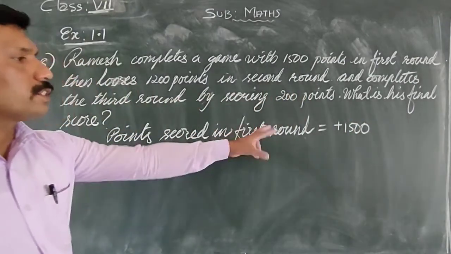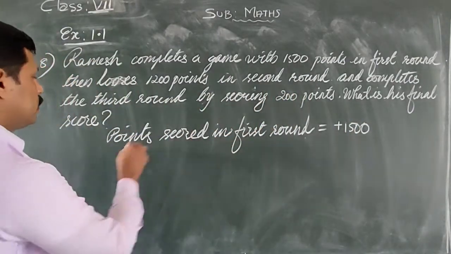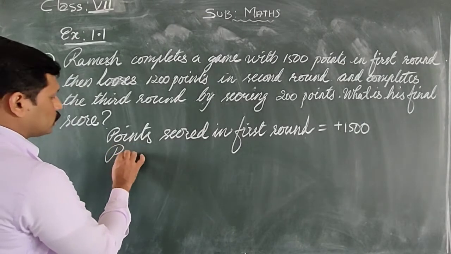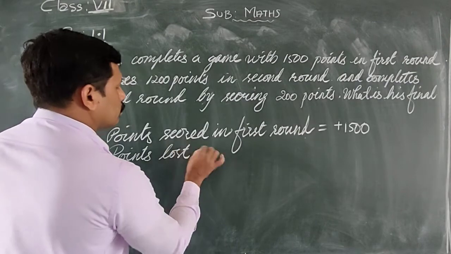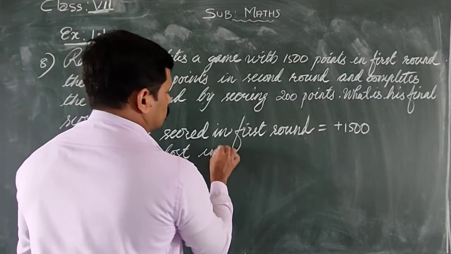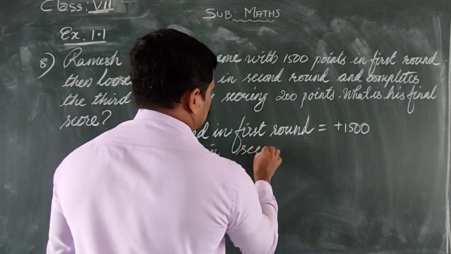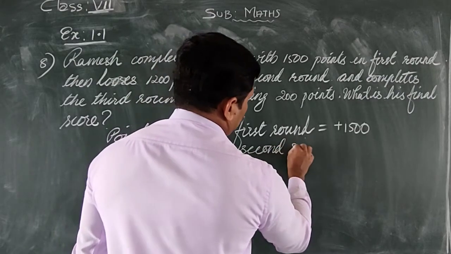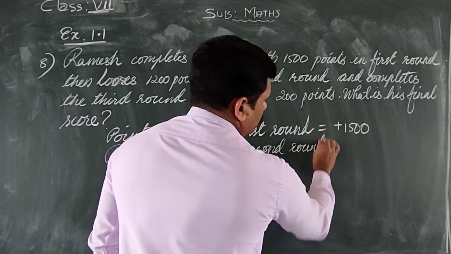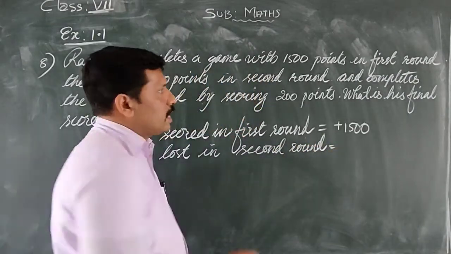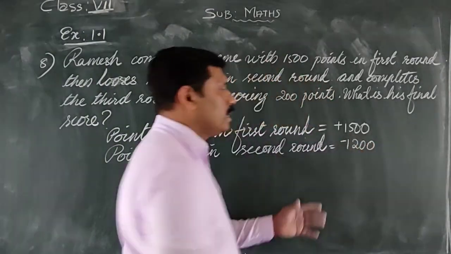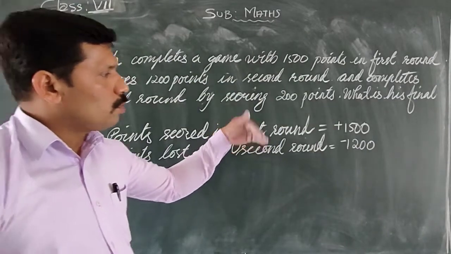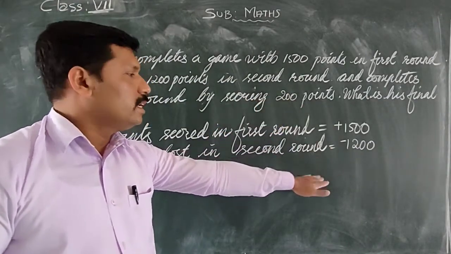Points lost in the second round, that is 1,200 points, is a negative number because he loses the points. Scoring is positive, then losing is negative.